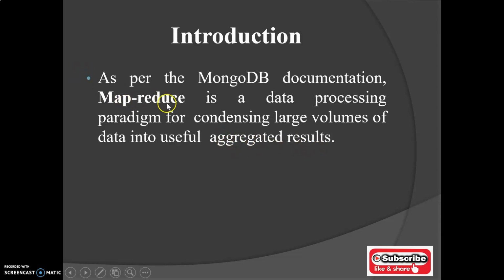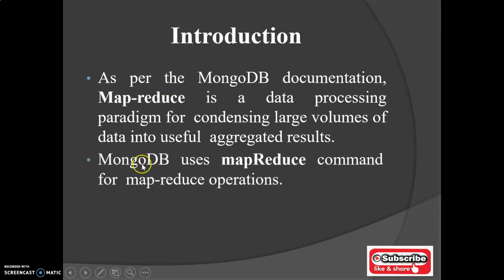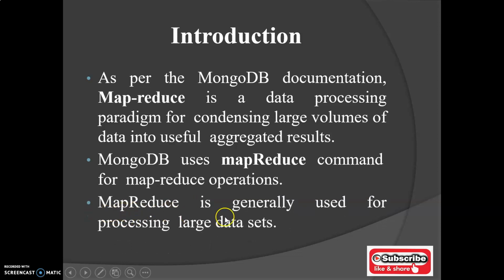With the help of MapReduce function, we get aggregated results. MongoDB uses MapReduce command for MapReduce operations. We have to use this MapReduce command in MongoDB while executing MapReduce operations. MapReduce is generally used for processing large data set.